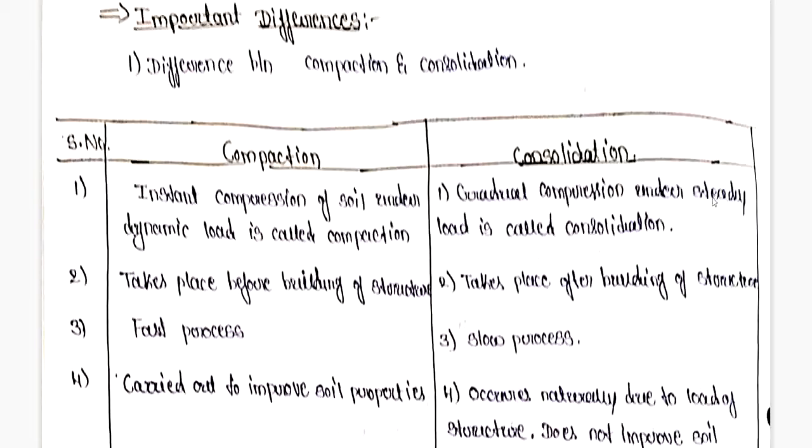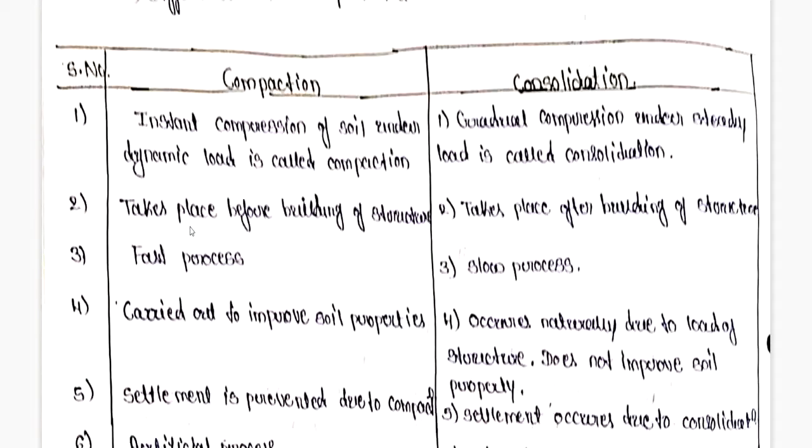Gradual compression under steady loading is called consolidation. So there is a dynamic loading here, there is a steady loading there. Here gradual compression is there, there instant compression is there. Compaction takes place before building of structure, consolidation takes place after building of structure. So before building of structure, whatever artificial compression we do is called compaction.